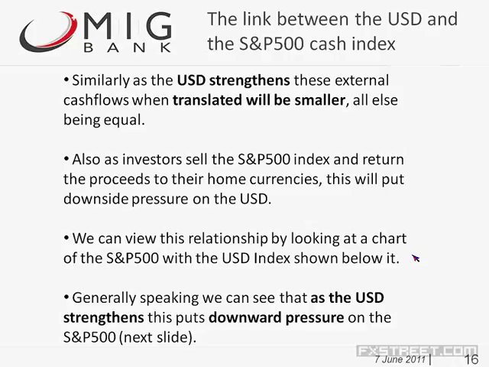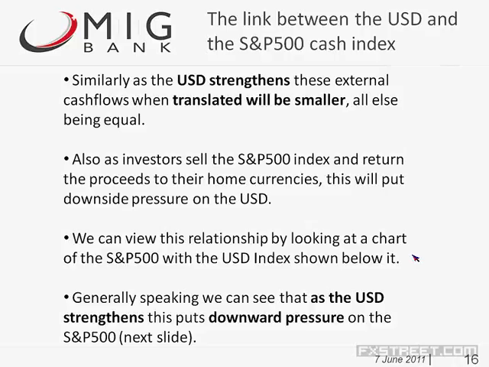And the second bullet point is quite an intuitive statement: as investors sell the S&P 500 and return their proceeds to their home currency, that should also put downside pressure on the US dollar as well.